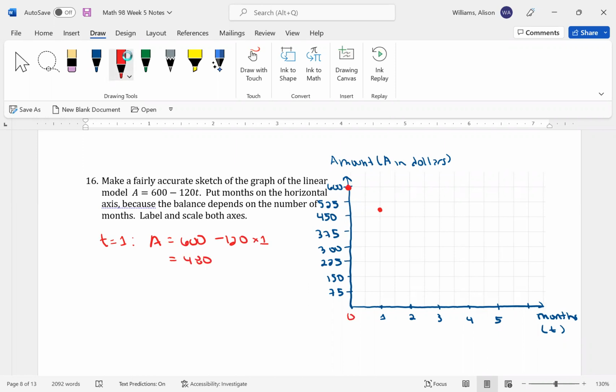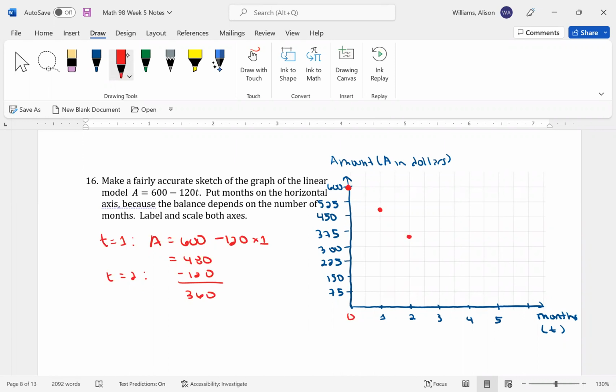And then I know the next month they're going to lose another 120, right? So if I subtract 120 from here, that's going to be 360. So 360 is next, which would be closer to the 375 on that one. Maybe even a little closer. Okay. 3 months, it's going to subtract 120 again.